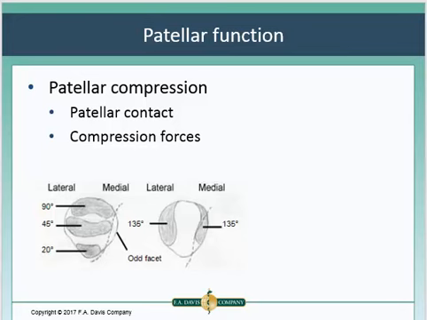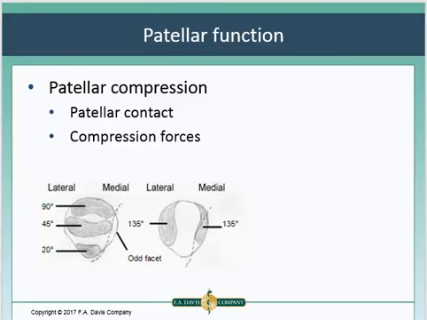Additionally, if you have an increased Q angle or you have increased valgus in your knee, or there is some reason to note that there's a more lateral pull of that Q angle, you'll have an increase in your lateral facet compression at the knee. And again, the location of where the stress is on that patellofemoral joint changes as the motion changes. So initially at 0 degrees, there's no pressure.